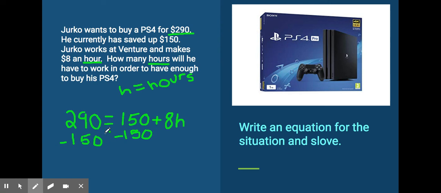When I do that, what ends up happening is I get 140 equals 8H. And to finish that off, we're going to divide both sides by 8.